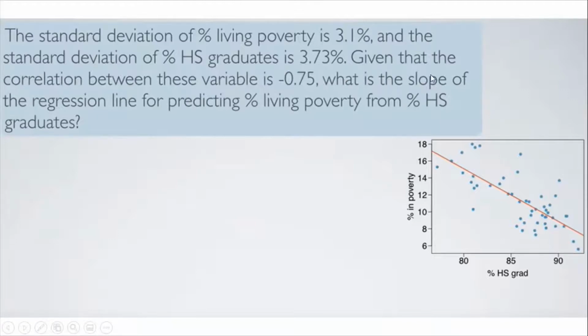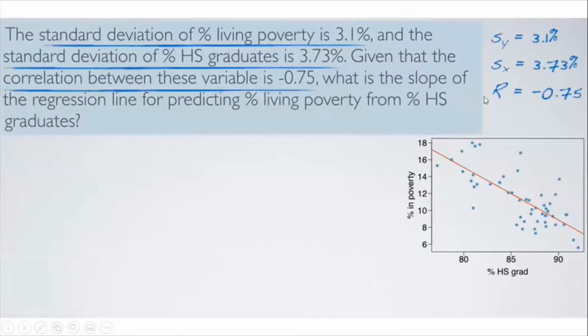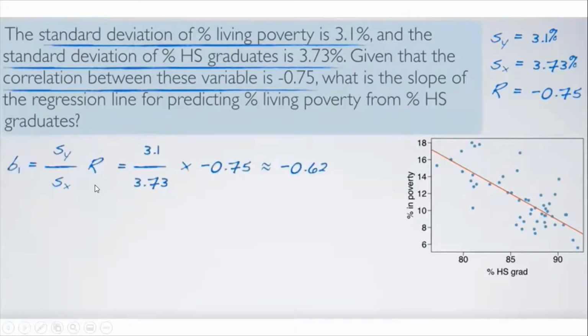They want to know what the slope is. We can calculate this manually, but usually we just use software to get the coefficient value. If you know these numbers, you can calculate by putting them in, and we get approximately minus 0.62.